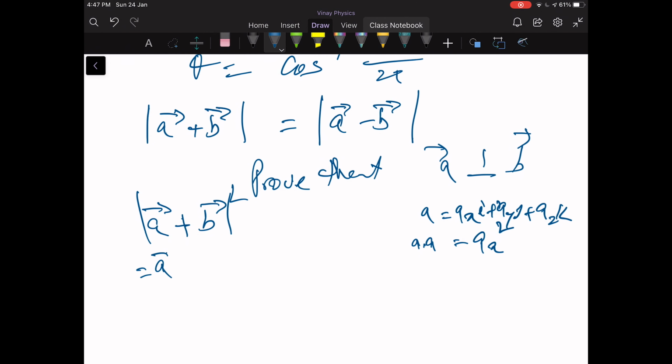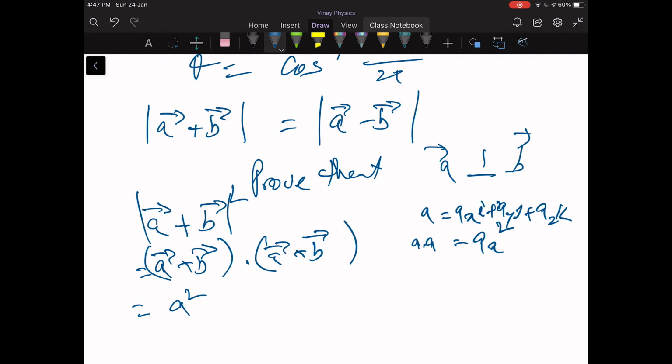So, we do A plus B dot A plus B, and once we do the dot product, what we will have is A square plus B square plus 2 A dot B.